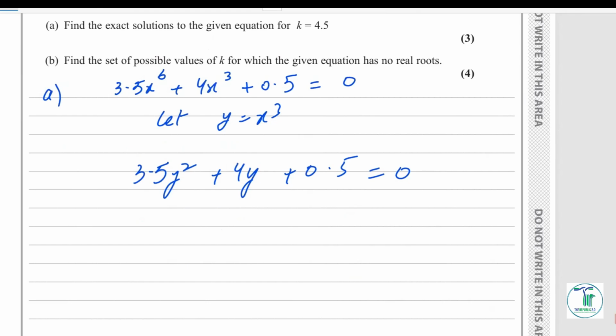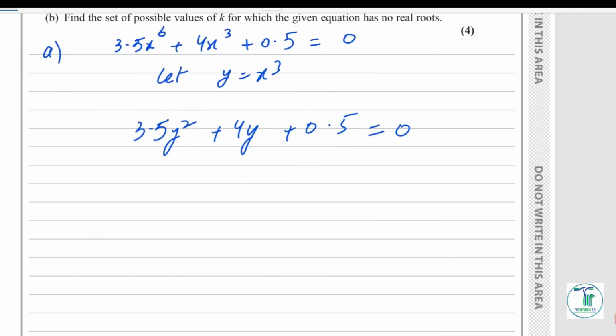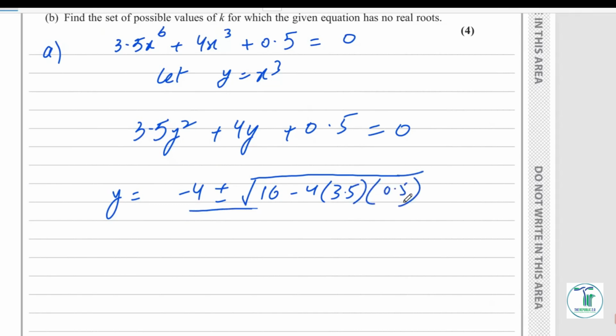Solving this equation by factorization or completing the square would be a bit hard, so I'm just going to apply the formula. So y is equal to negative 4 plus minus the root of b squared, that has to be 16 minus 4 times 3.5 times 0.5, divided by 2 times 3.5.